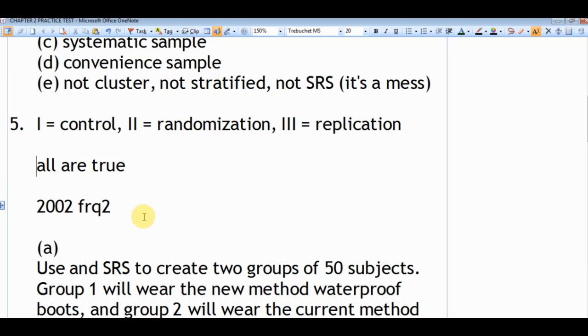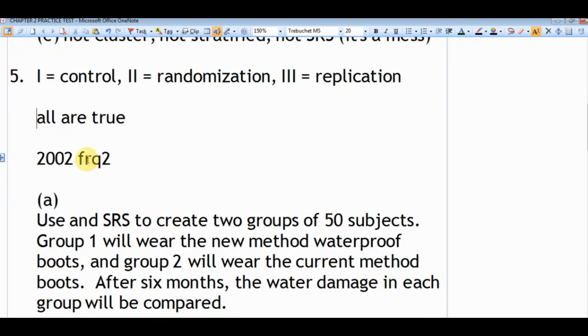What I would like to do is to start with the 2002 free response question 2.